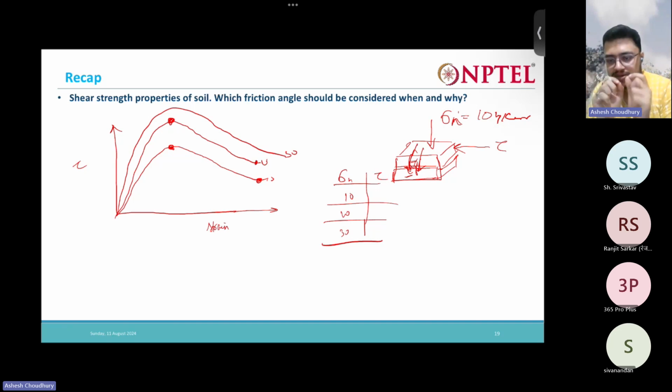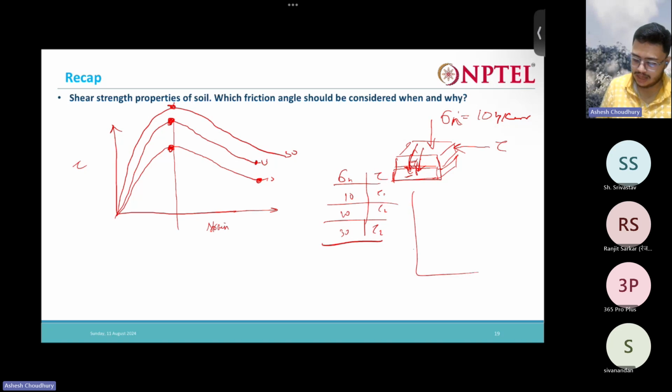The strains that will be generated in the soil will be very less. So we assume that the strain will be in the low strain range. That's why we take the peak values. We take these peak values, and from there we draw this line. We have 3 points. It will pass like this. From here you can get the phi value like this.